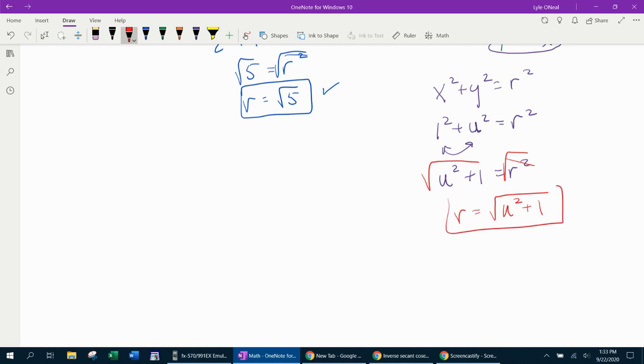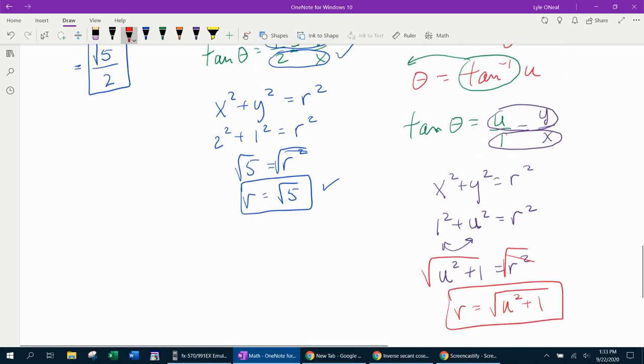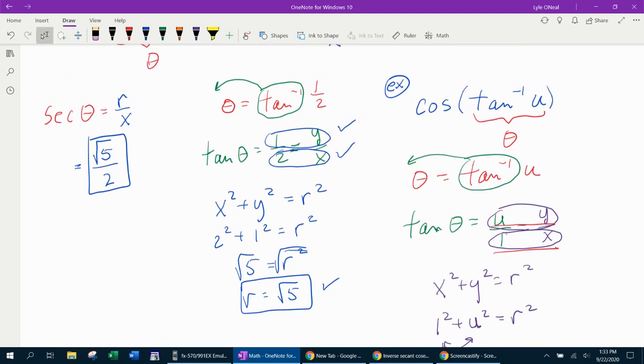Okay, so now I know what r is, and I know what x is, and I know what y is. So now I should be able to calculate any trig function, and we need cosine, okay? Because it was cosine of the inverse tangent of u, but we said the inverse tangent of u was theta, right?